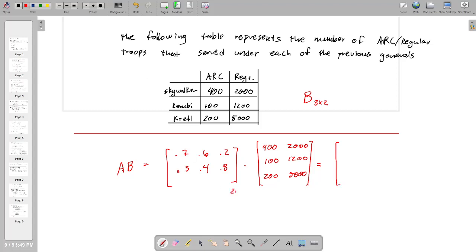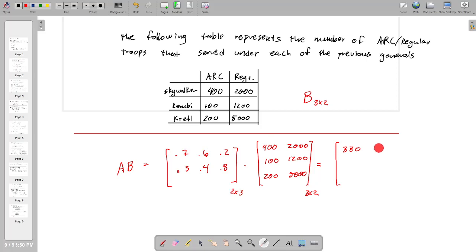We have a 2 by 3, and we're multiplying a 3 by 2. Just to make sure that we can actually multiply them, 3, 3, and we're going to end with a 2 by 2 matrix. Here in this very first square, we're going to end up with 380. This is row 1, column 1. So we take the first row, multiply by the first column.